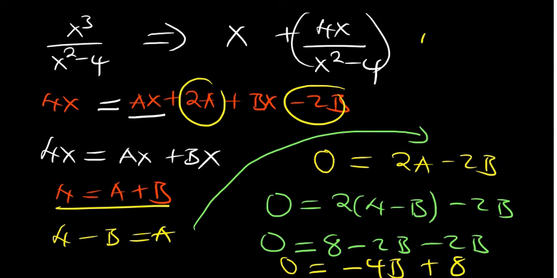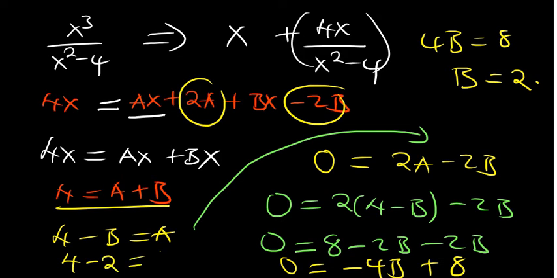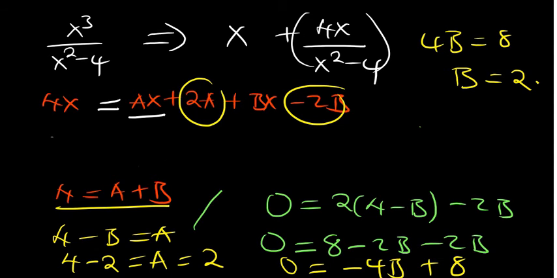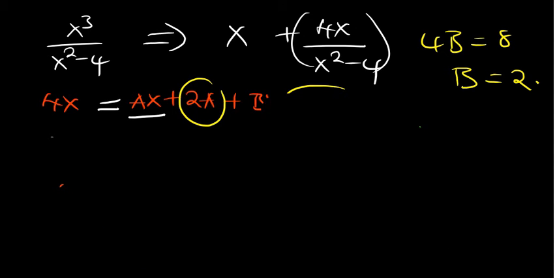So we now have 4B being equal to 8, and then our B becomes 2. And then if we substitute, 4 minus 2, our A also becomes 2. So what do we have? A is 2, B is 2.